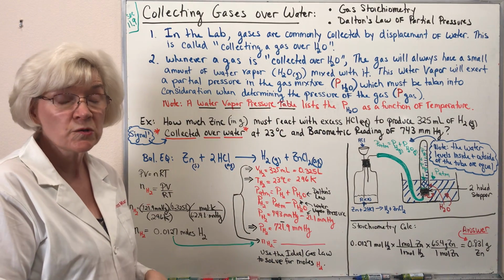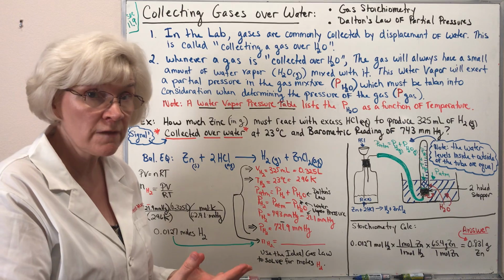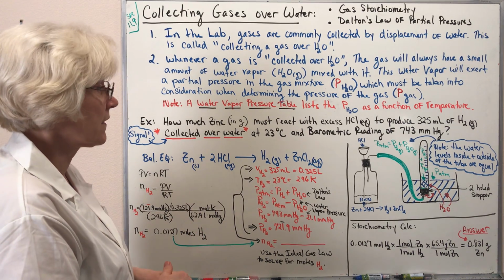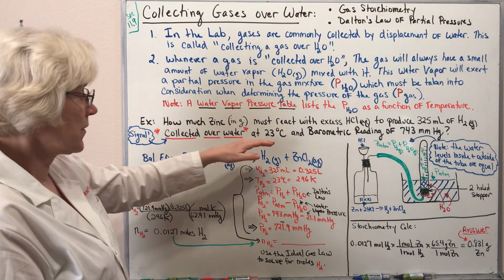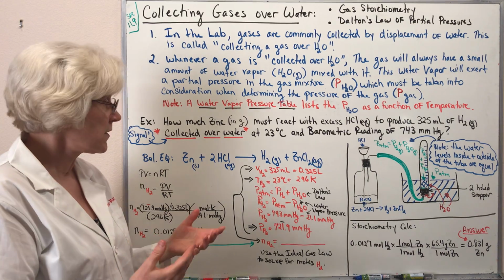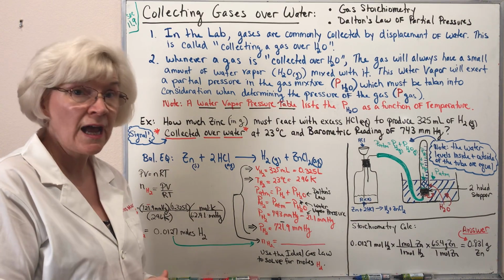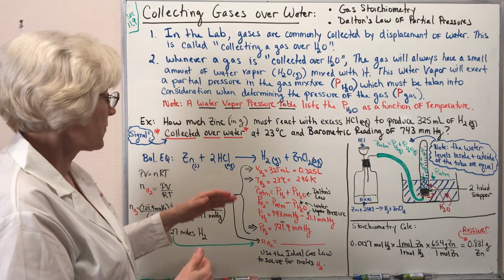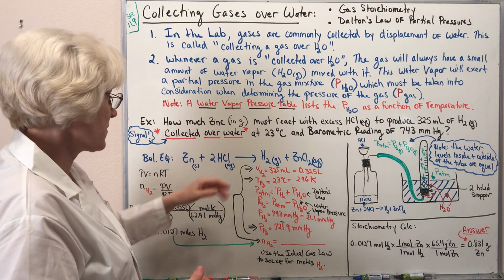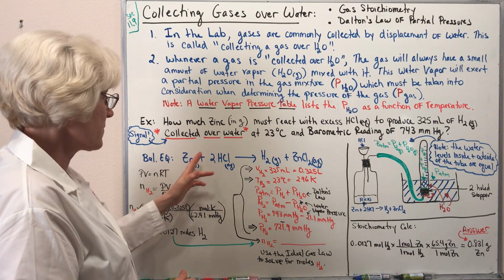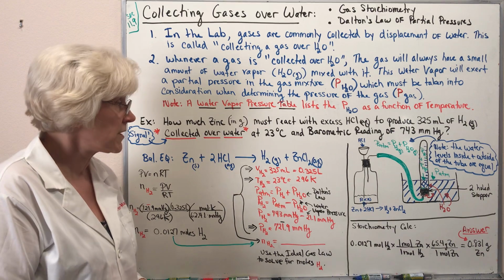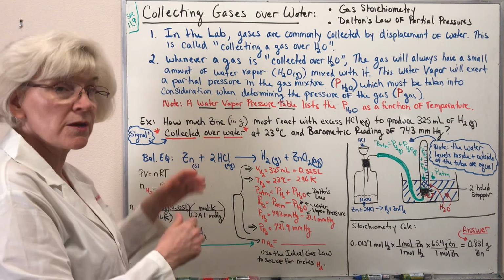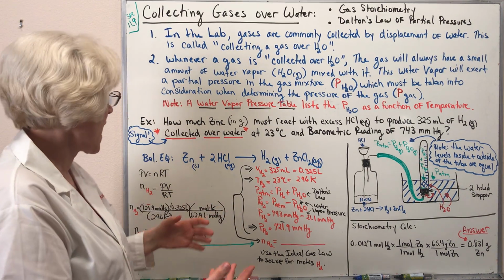Let's do a gas stoichiometry problem involving collecting a gas over water. So we just completed an experiment involving collecting hydrogen gas through a single displacement reaction with zinc metal reacting with hydrochloric acid. So let's make a problem that involves that.